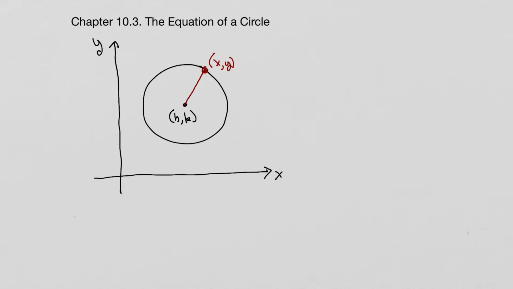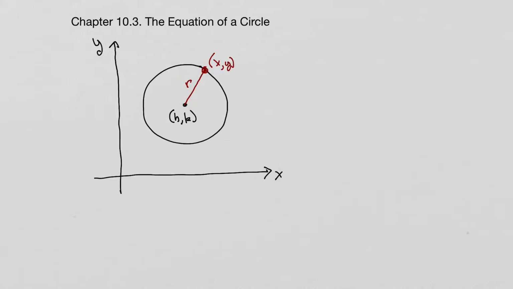Now, this distance right here, from here to here, that's the radius. So I'm going to note that with an r. I want to get this distance right here, and I have a formula for the distance. I've got this point and this point, so I'm going to write the distance formula here, and instead of d for distance, let's use r.